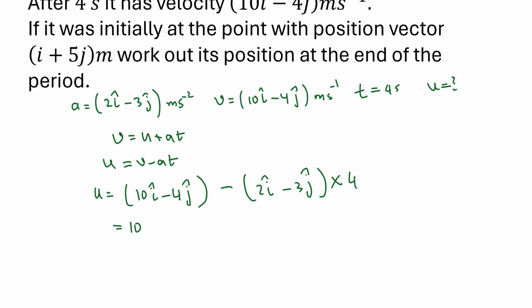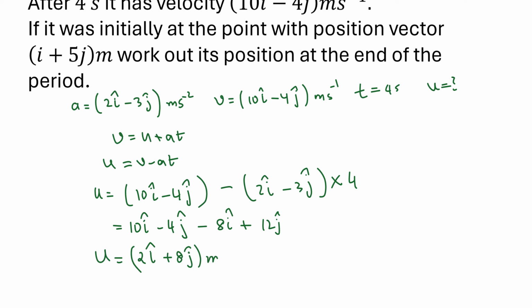That is 10i minus 4j minus 8i plus 12j. So that equals 10 minus 8, that's 2i, and plus 8j. That is u, and this is meter per second.